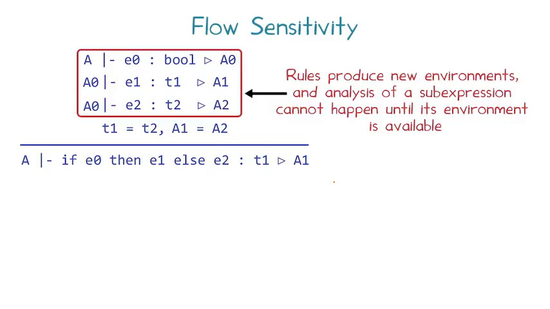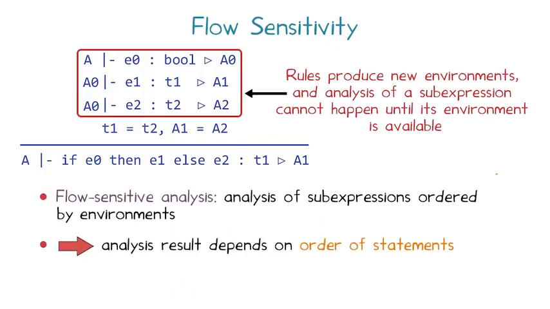We would then need to solve the side condition that environments A1 and A2 are equal, in addition to the previous side condition that T1 equals T2, in order to prove that, under the environment A, the expression if E0 then E1 else E2 has the type T1 and the output environment A1. This kind of analysis is called flow-sensitive analysis.